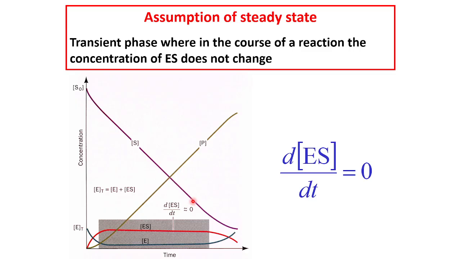The substrate concentration starts decreasing over time and the product increases. But you will first see that the complex formation rises, reaches a saturation, and finally goes down. So there is zero displacement across the time axis, and zero displacement across the concentration axis. Therefore the concentration of the complex is tending to 0.